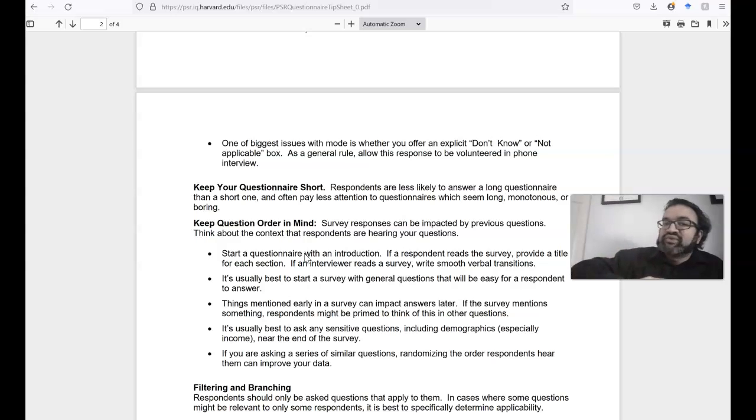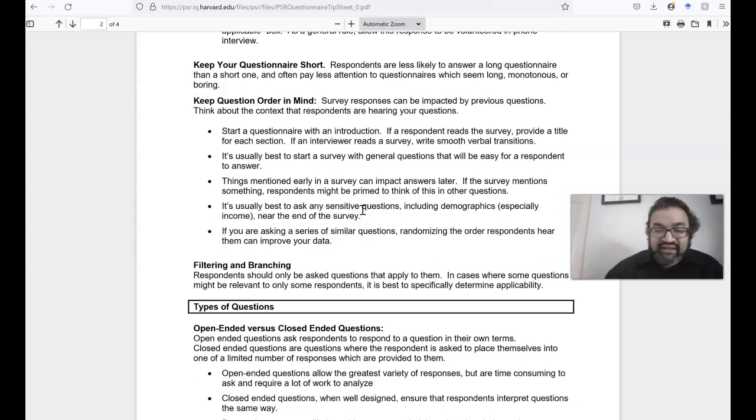So timing is important, and also keep question order in mind. So maybe respondents will pay attention more at the beginning or at the end, just depending on how everything is set up. Maybe you want it in randomized order. There's multiple types of questions. That's the next consideration. So filtering and branching are options. And I use branching oftentimes, where if one question is true, then they go into answering another question.